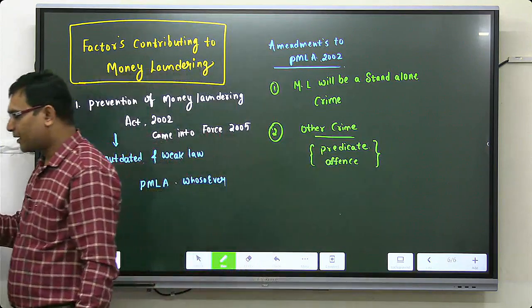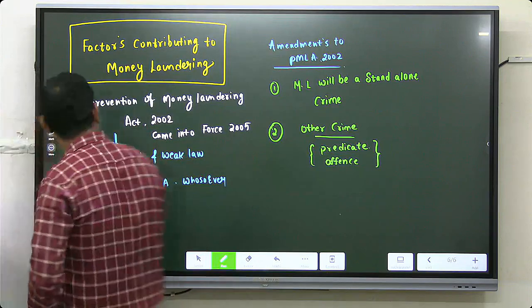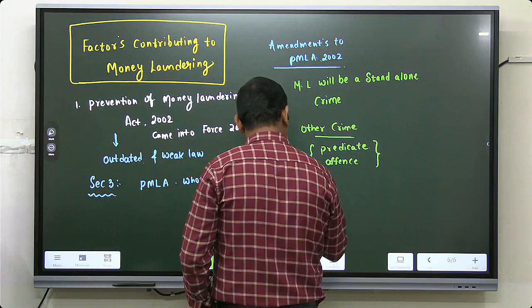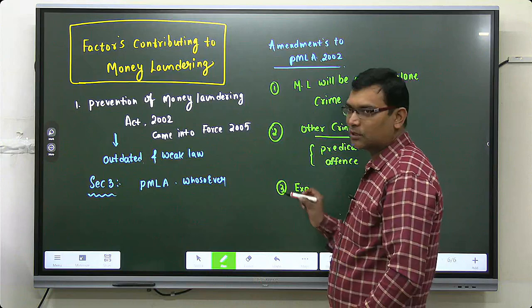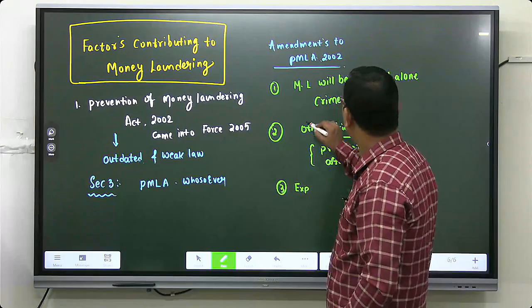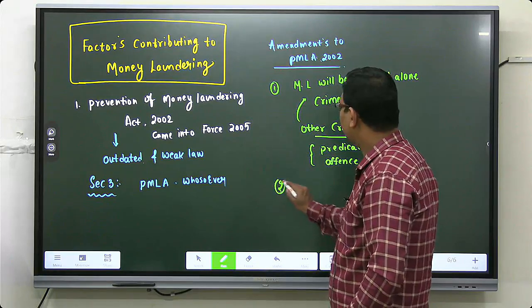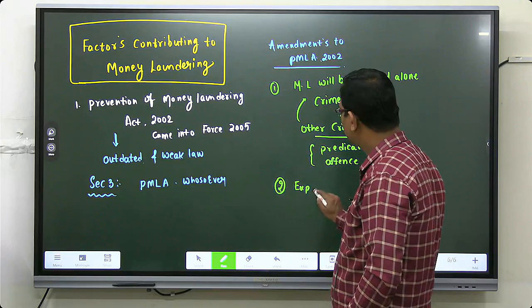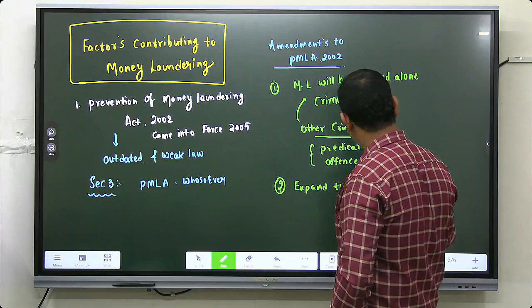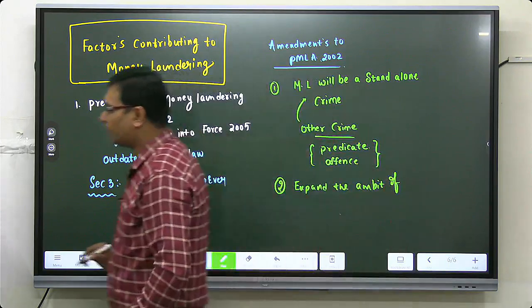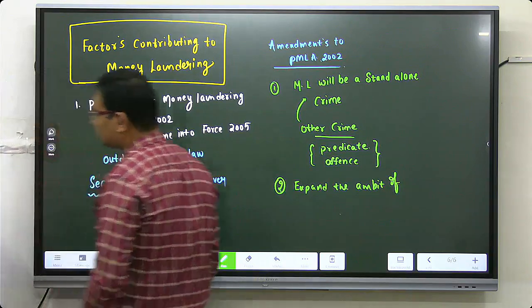Okay, one. Then second point: expand the ambit of proceedings of crime.